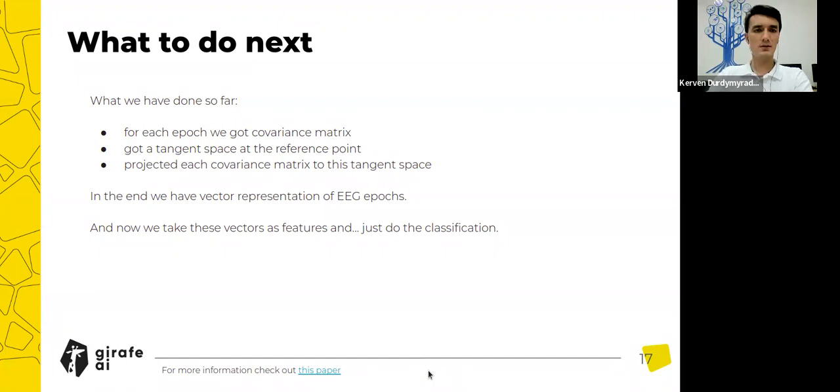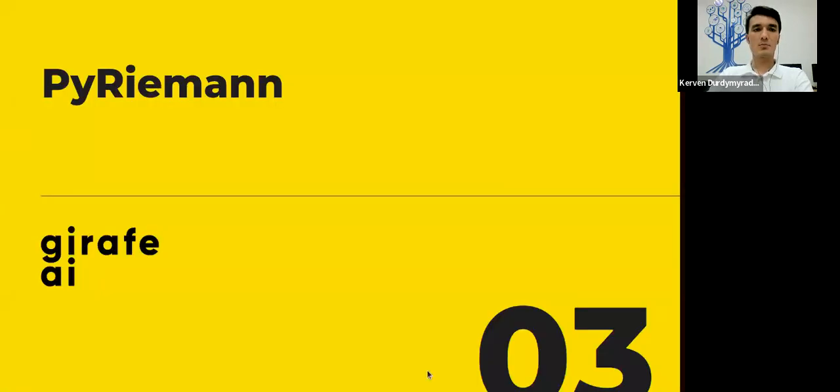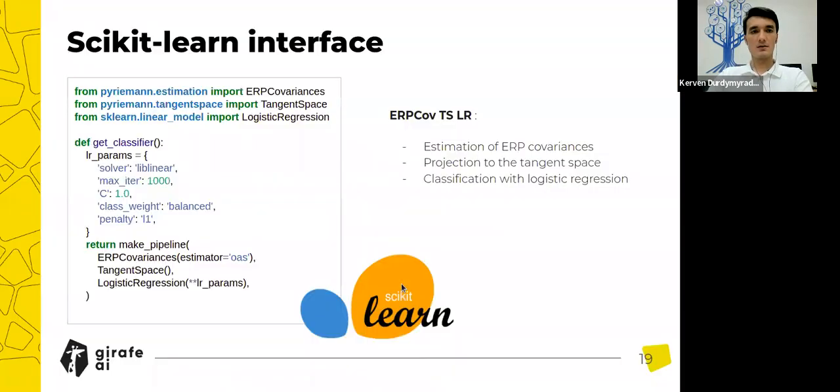And now let's move on to the PyRiemann library, which is used for Riemannian geometry. In PyRiemann, this is an example of the pipeline of this task.